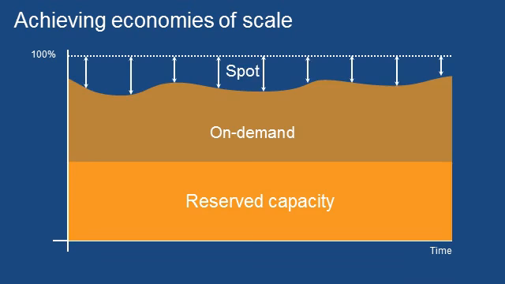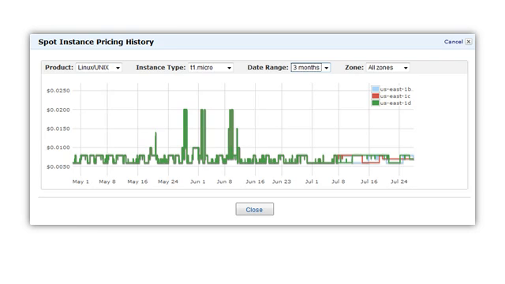And the spot market is quite an interesting tool for running EMR. So here you're looking at a spot pricing history, and you can see that the spot price for this T1 micro instance is typically down at the half to 1 cent level, which is about, from memory, a sixth of the typical cost of acquiring those instances on demand.